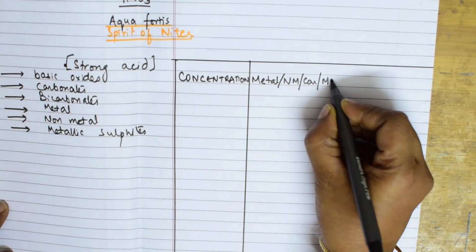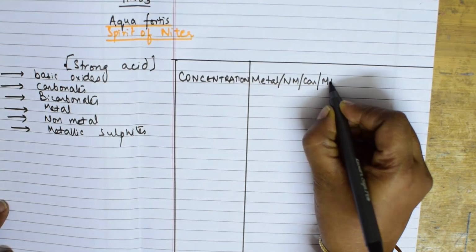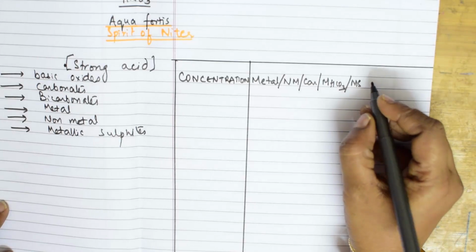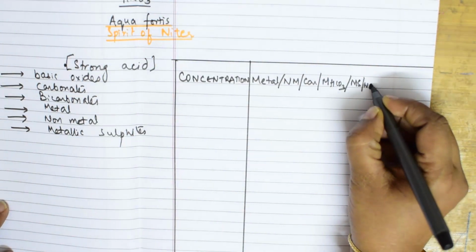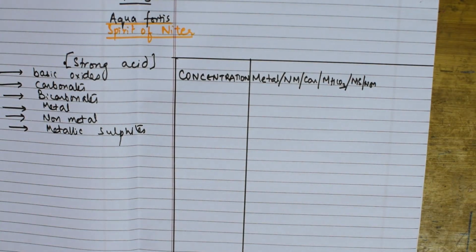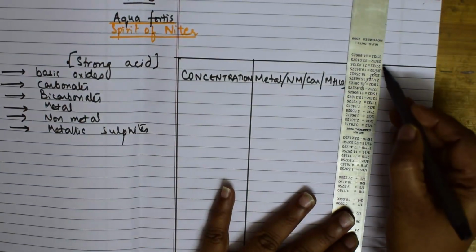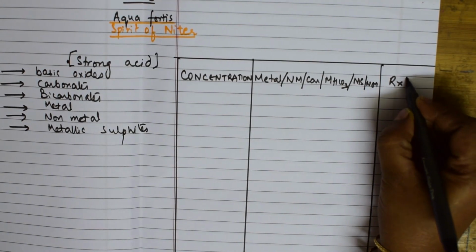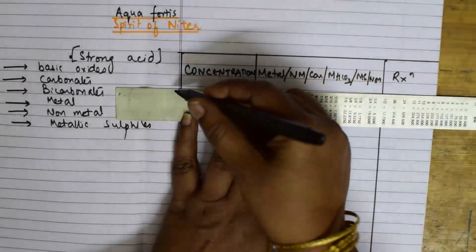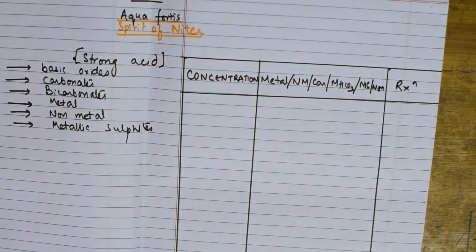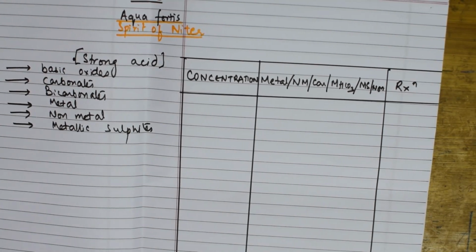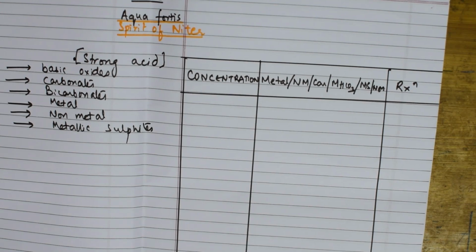If it reacts with metal carbonates or bicarbonates, what are the products? Suppose it reacts with metal sulphate, what are the products? And finally the last column would be the reaction, which I'll be explaining, the type of reaction it's going to show. Let us make one thing here with the scale. That's over. For the basic thing, I'll give you the general idea, and then we will go to the specific reactions of each. So here for concentration, it can be three different conditions.